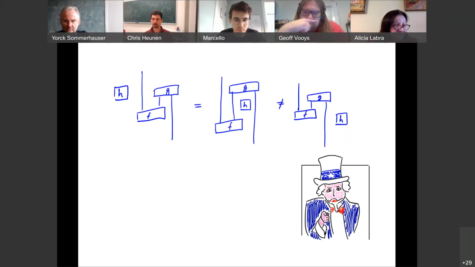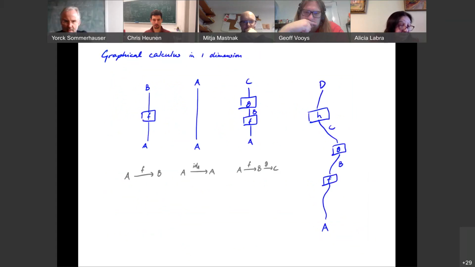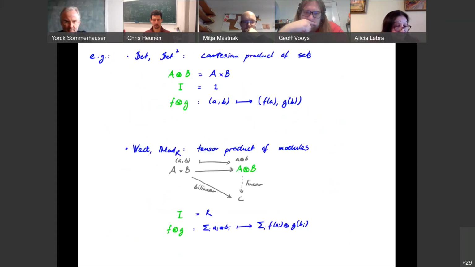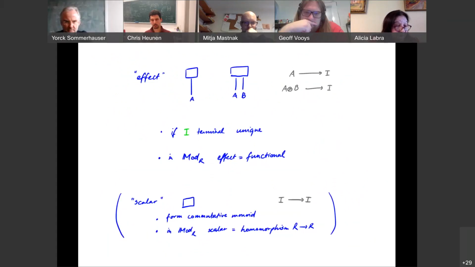You mean like you would take a non-commutative ring? Right, a non-commutative ring, and the tensor product is over this ring. No, that in itself can't happen because there's this bit I skipped. If you look in a monoidal category at maps from the tensor unit to itself, they always have to form a commutative monoid.